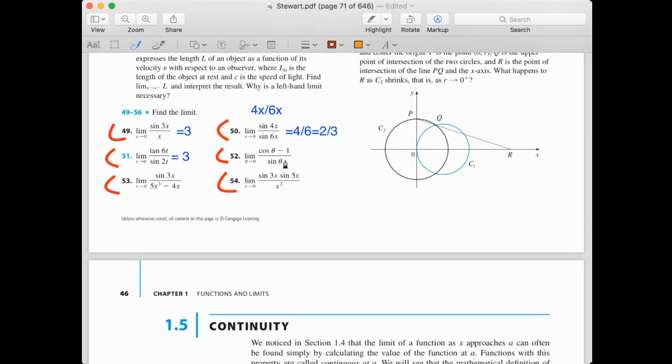If you separate them, can I help you? Well, I know that cosine x. That's okay. Let's try the next one.